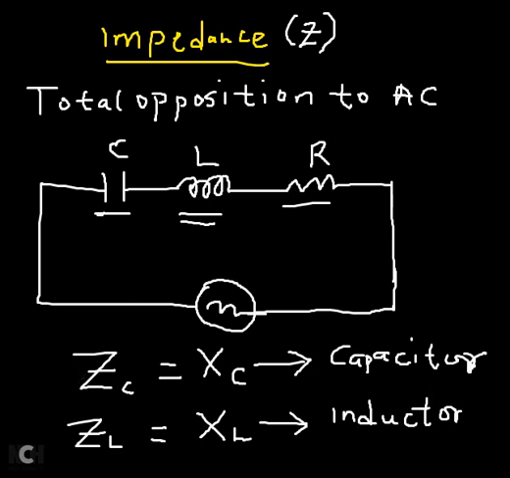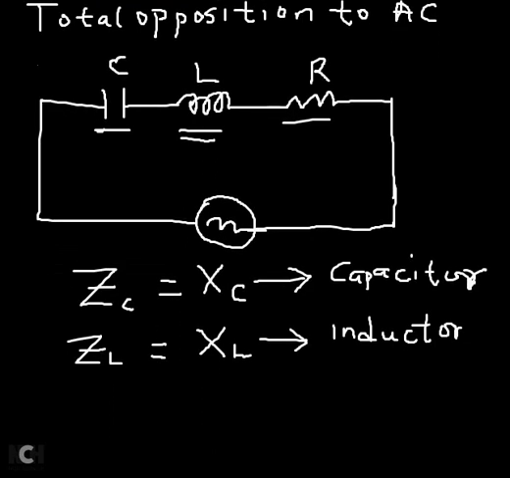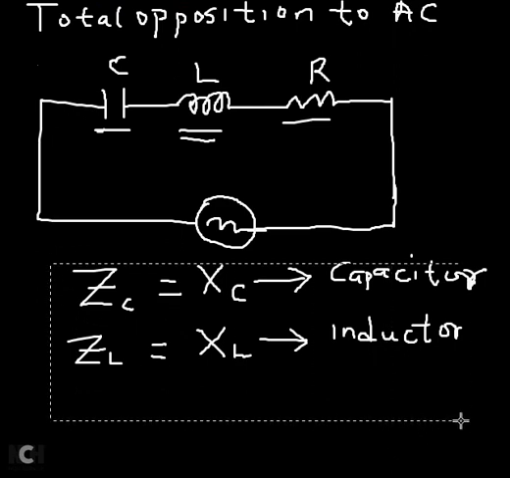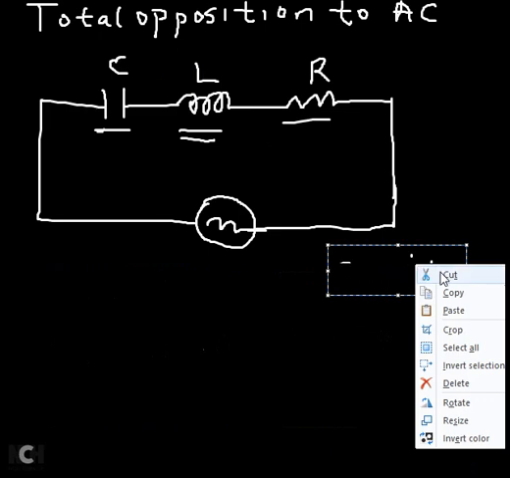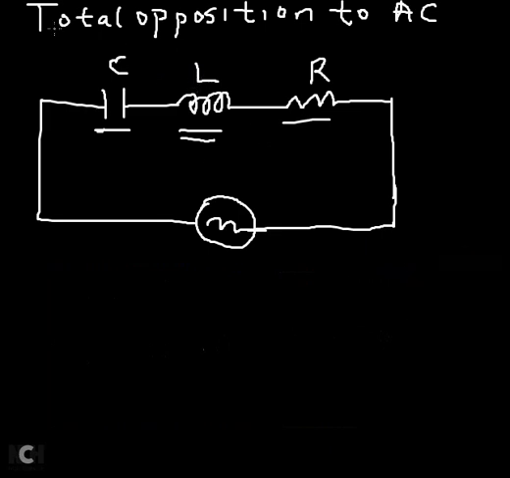So now, if the three of them are connected, as shown in this diagram, the impedance is going to be the vector sum, because all of them have angles.